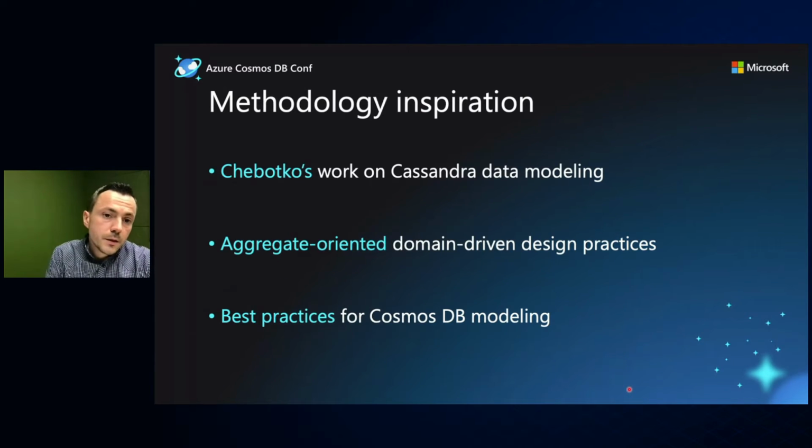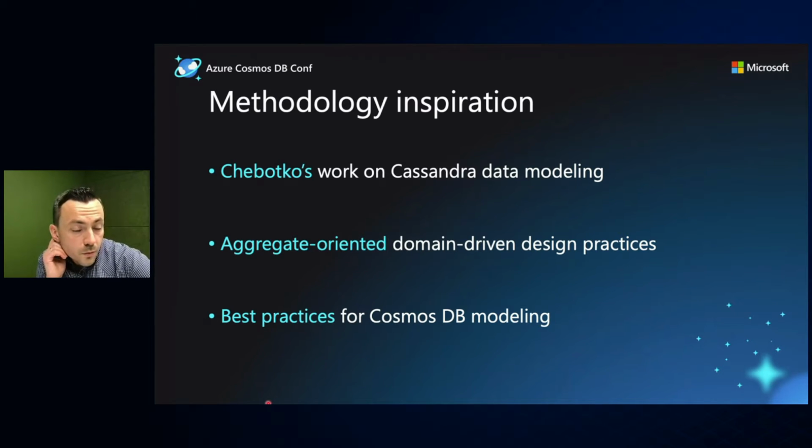As inspiration for that, I used three main sources. The first one is H. Botko's paper on Cassandra data modeling. This is my favorite one because it really gives a clear methodology, a clear list of steps for how to go from the application workflow and conceptual data model to the actual physical data model on Cassandra.